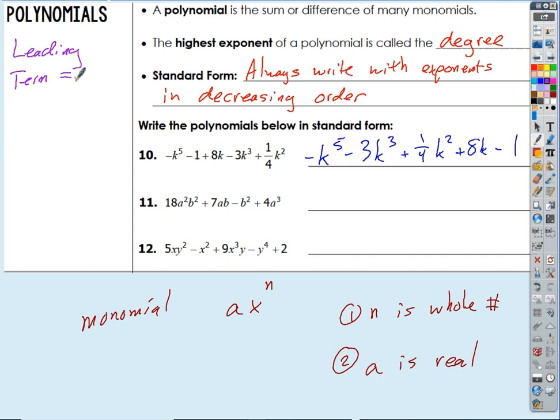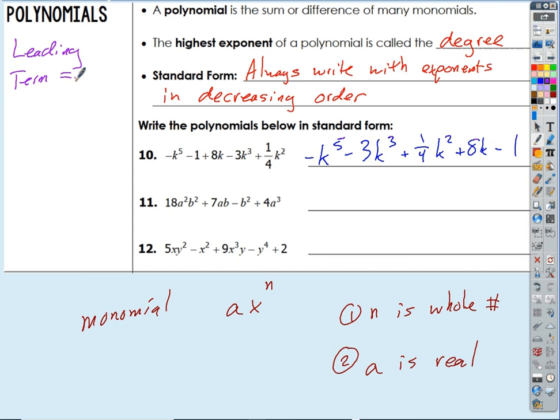So the leading term is going to be the term with the biggest power of x. That's simple, okay? And how many terms are there in this polynomial? 5, right? Because terms are things in math that are added or subtracted, right? Okay, there's 5 terms that are added up here.